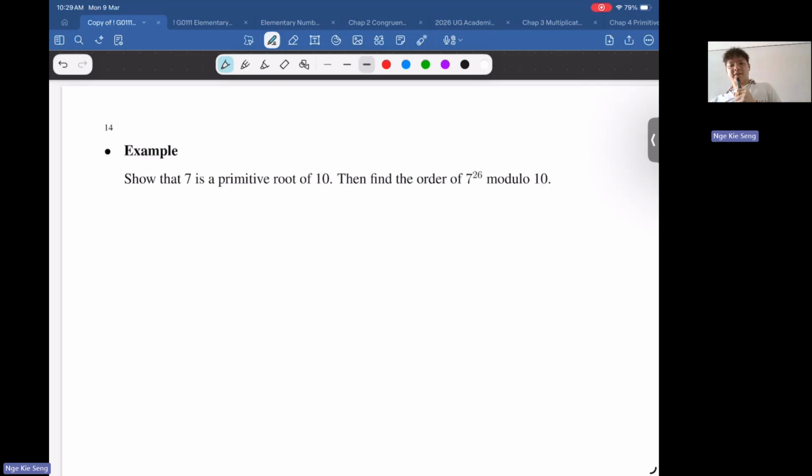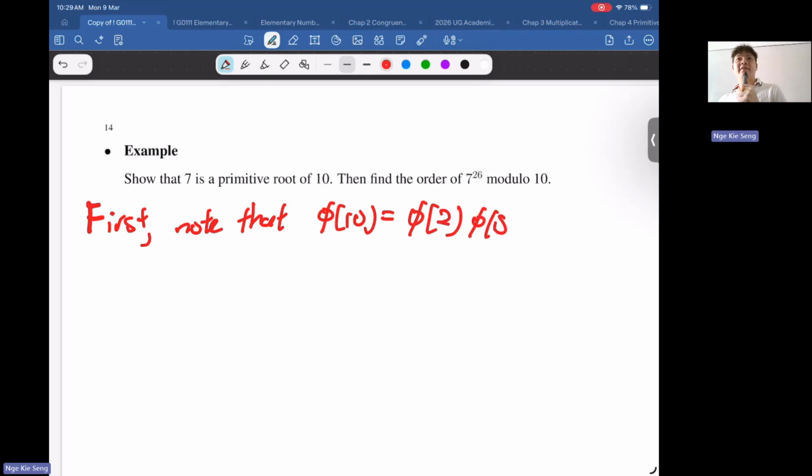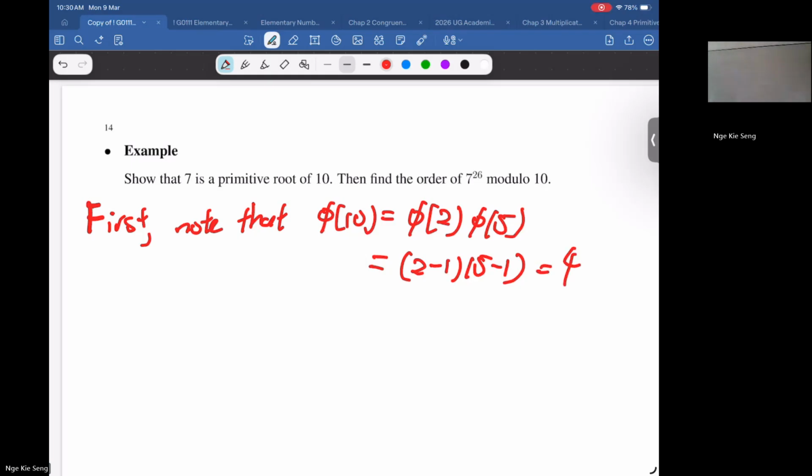How do you calculate φ(10)? φ(10) is just φ(2) times φ(5) because it's multiplicative. We split into prime powers, and then φ of a prime is p minus 1. So you get 4. Otherwise, you list down the four numbers that are relatively prime: 1, 3, 7, 9. Good.